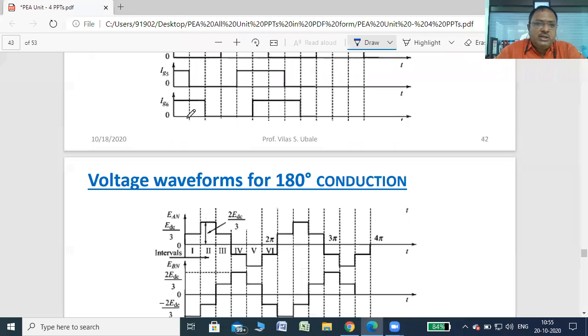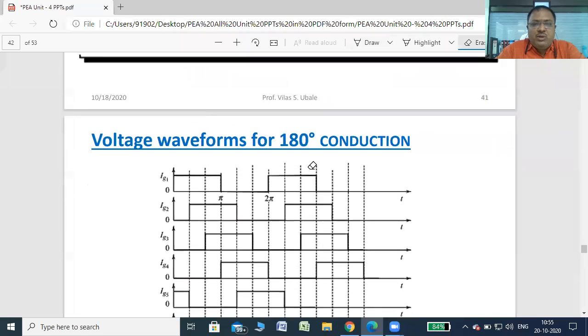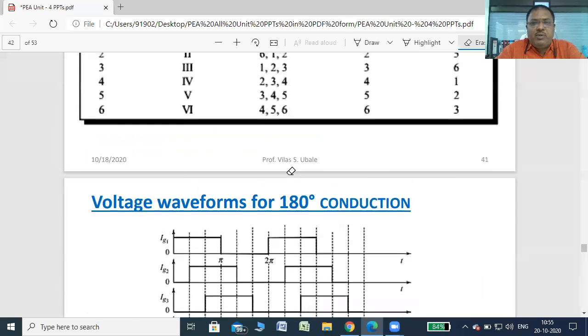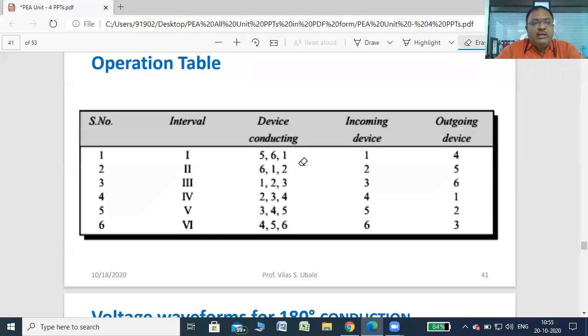We have to adjust this, because it is not possible to fit these waveforms exactly in one PPT, but I'll explain each and every waveform in detail. But before that, I'll show you the operation table.